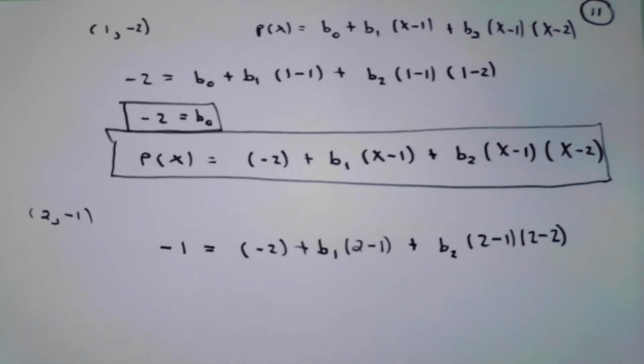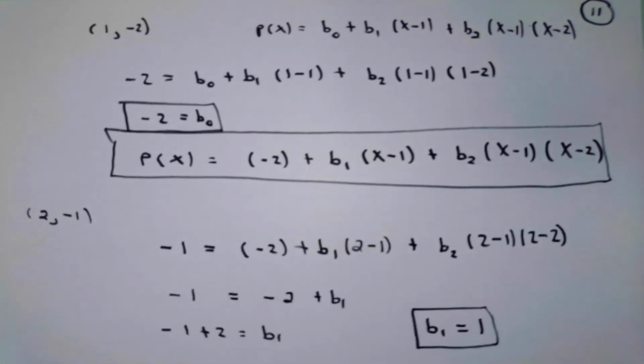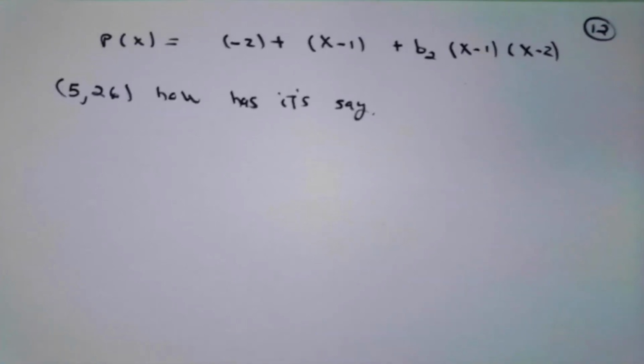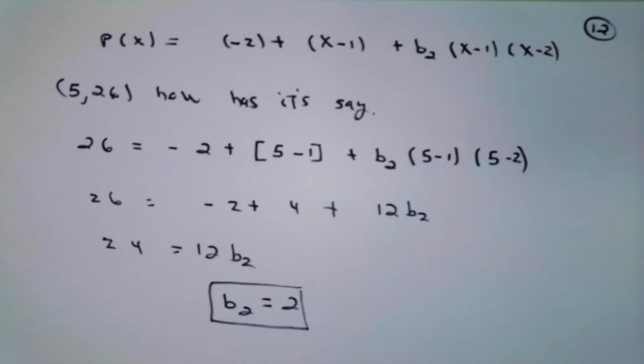Even though there's no term with x minus 5 in it, the fact that the point (5, 26) needs to be on the graph of the interpolating polynomial does figure into this. If I make x equal 5, I have to insist that p of x comes out to be 26. Doing the arithmetic in algebra, it develops that b2 has to be equal to 2.